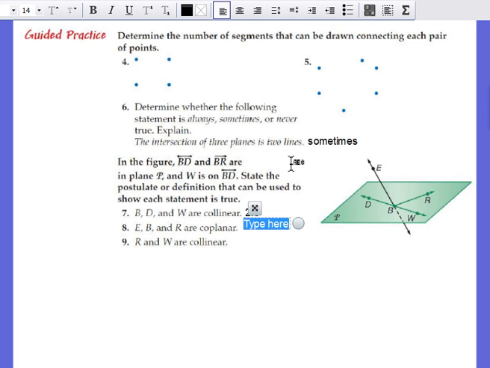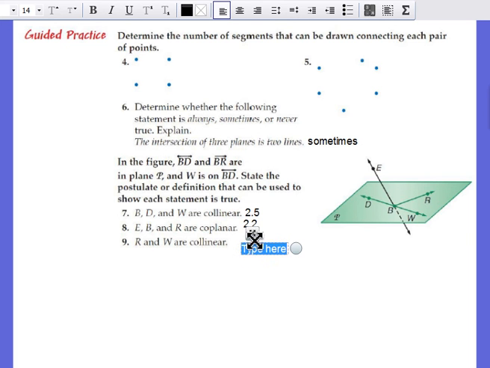A plane contains at least 3 points not on the same line, 2.4. Or 2.2 says through any 3 points not on the same line, there's exactly one plane. That's the one for that one. Because it's basically saying if you've got 3 points not on the same line, there's a plane there, which is what number 8 is stating. Again, don't forget, E is not part of this plane, but E, B, R on their own can make a separate plane, which has nothing to do with P.